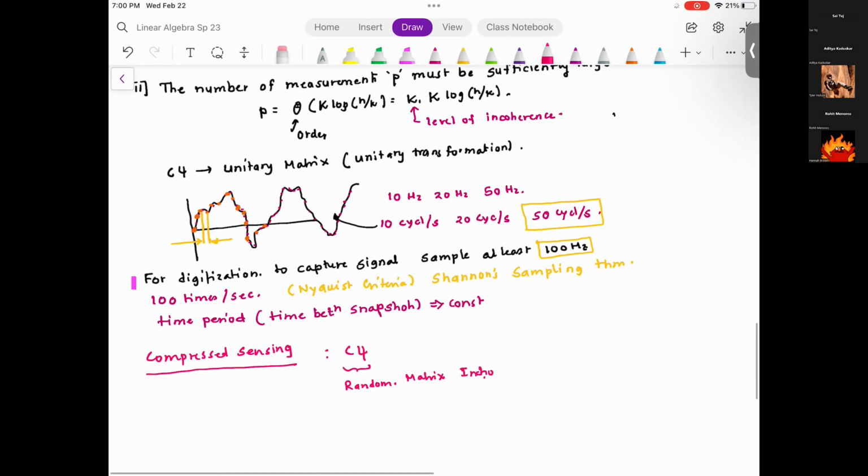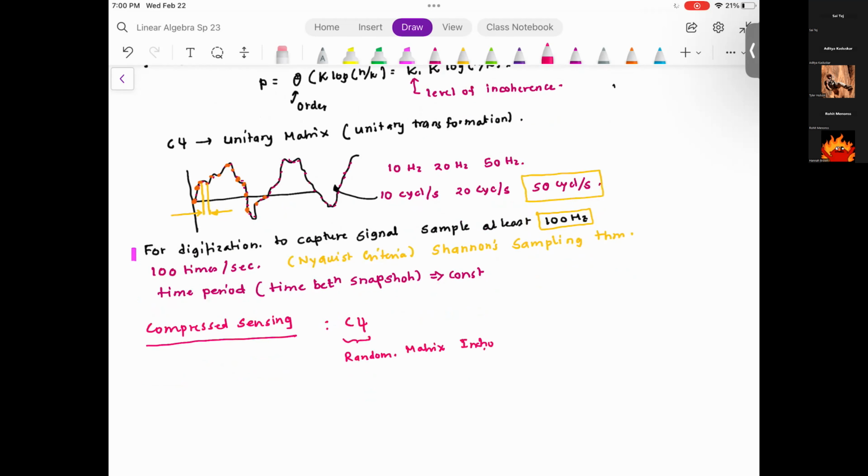So what that means is the time period, this is extremely important, the time period, which is time between samples or time between snapshots, changes, not constant.